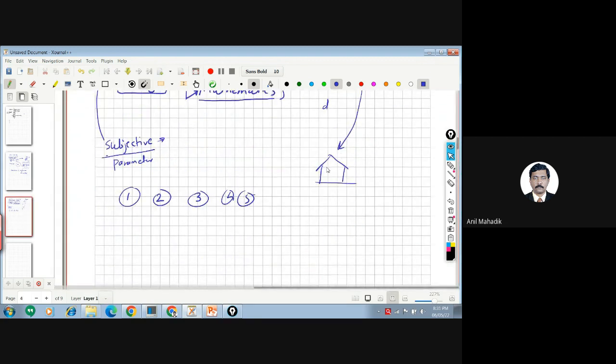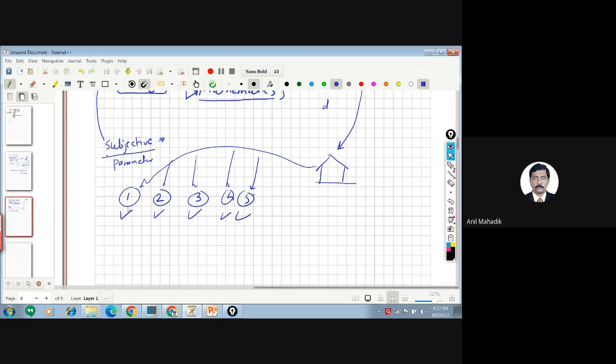Same architect, same building, plan and everything is the same, and it is designed by everybody. And you will see that each and every structural design is different. So that means there may be a subjective opinion for each design given by the structural engineers. But if the structural engineers are following the codes and the basic principles of structural engineering, then all may be right.